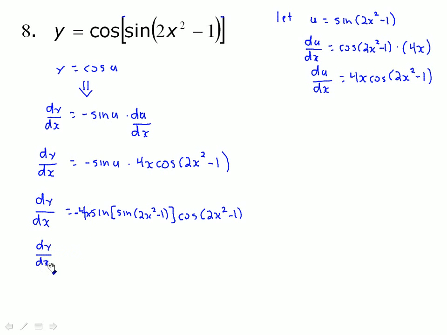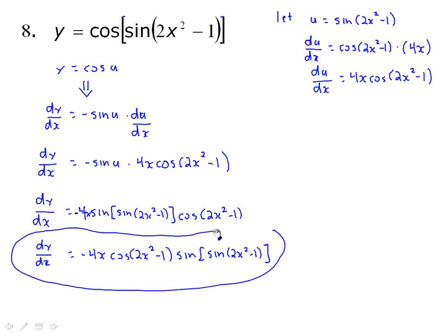So dy/dx is equal to negative 4x cosine of 2x squared minus 1, multiplied by the sine of the sine of 2x squared minus 1, like that. Not really difficult, but it's a matter of keeping it real clean and using a substitution where you can. Really recommend it. Now let's go on to a couple other things that might be of interest.